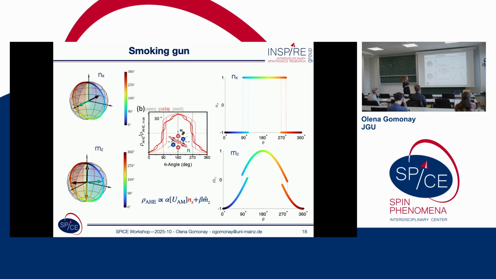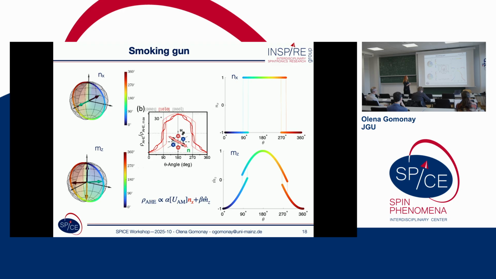So for this kind of 2-state system, we found out that this kind of dependence is possible when the magnetic field is rotated in the plane which is exactly perpendicular to the Néel vector. So this plane shows the plane where the magnetic field is rotated, and the color code shows the angle between the magnetic field and z-axis.